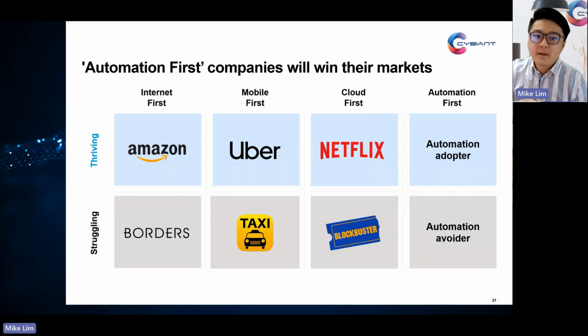That is why the automation adopter is the one that is thriving at the moment, and probably at the growing stage. But the automation avoiders are the organizations that are considered struggling right now. So this is something that can probably inspire you on how you can begin your automation journey with a robot.